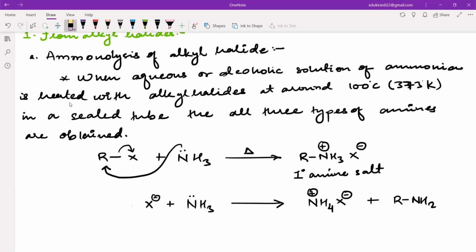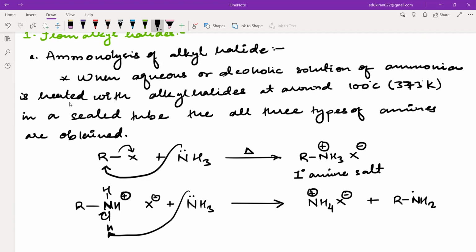Let me just expand it. You have R nitrogen with hydrogens, and it has a positive charge. This nitrogen, already an electronegative element and now positively charged, becomes even more electronegative, pulling electrons from the hydrogen. So the NH3 attacks one of these hydrogens, and the hydrogen bond gives its electrons to nitrogen.